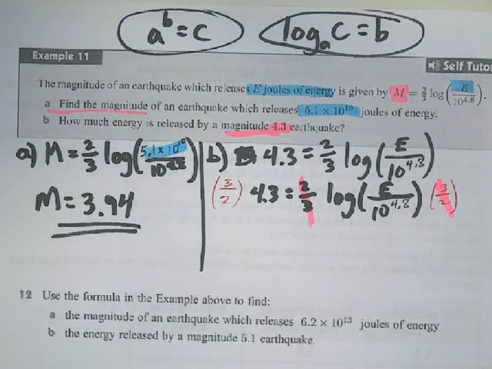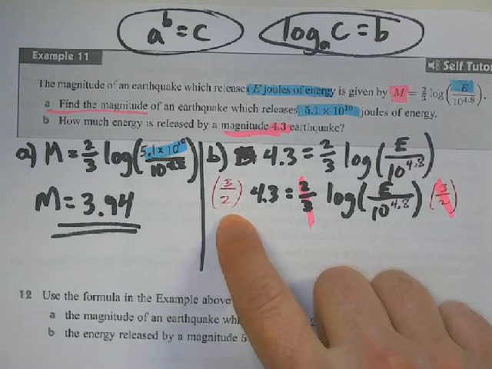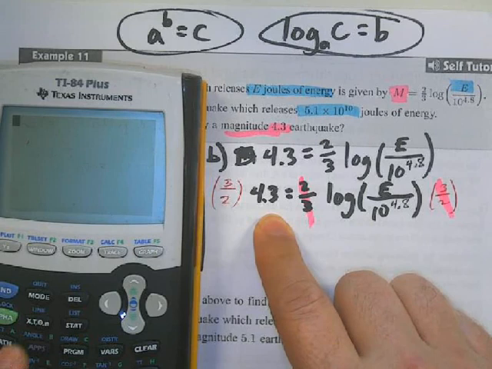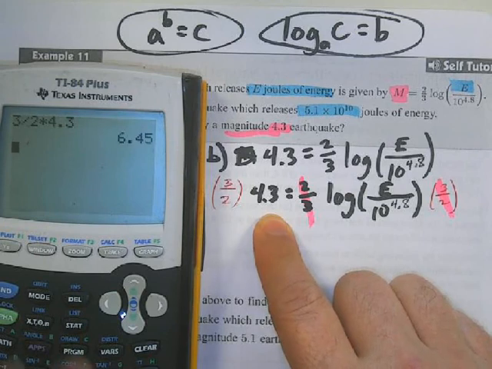Now I've got 3/2 times 4.3. 3 divided by 2 times 4.3, and I'm going to get 6.45.